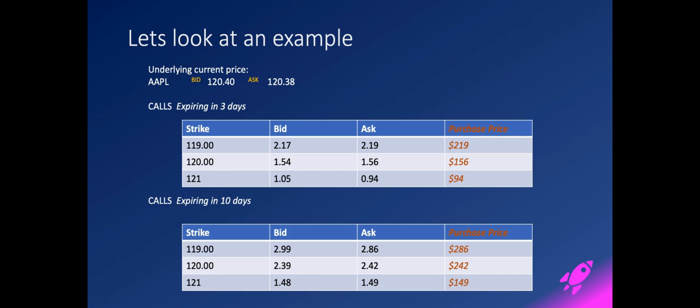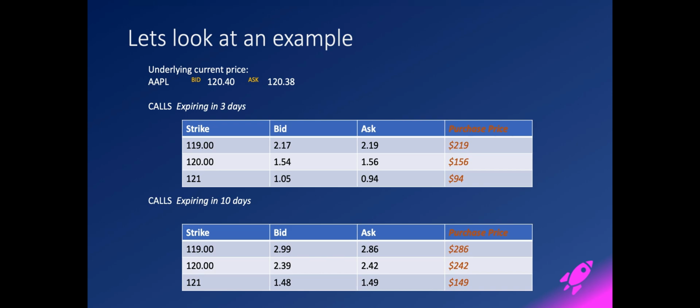The price that you would pay would be times 100. So here I just took the ask price multiplied by 100. If you were buying, a lot of people would just go somewhere in between the bid and ask, to sort of get the best price. But just for this example, we went straight to ask. We want to get filled right away.